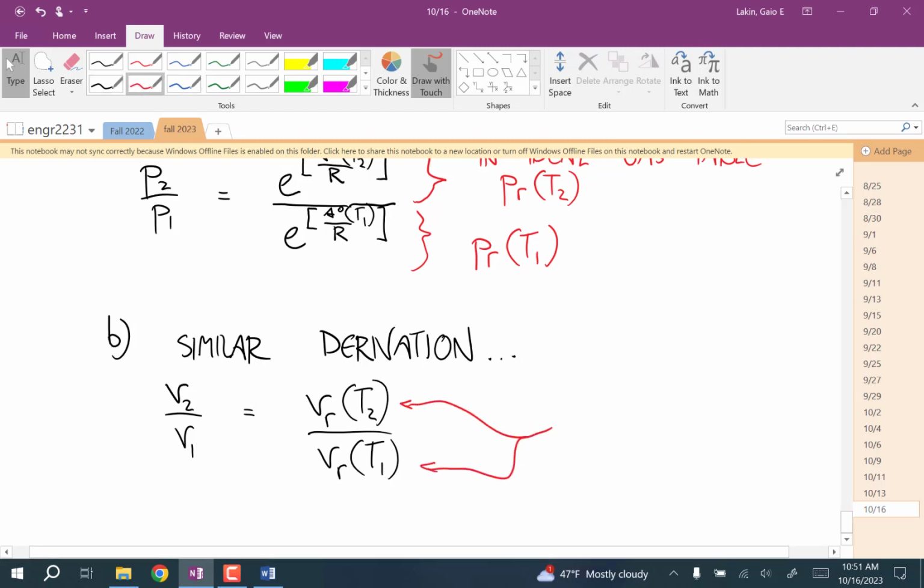And these, again, are things you can look up in the ideal gas tables.